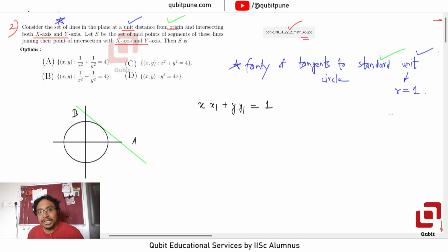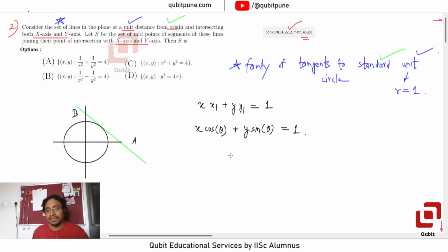But I am recommending you to use polar coordinates here. Now what is the benefit of that? Because we know x1, y1 also lie on the circle, and also on the tangent. So if you do that, you will say x cos theta plus y sin theta equals 1. Correct?